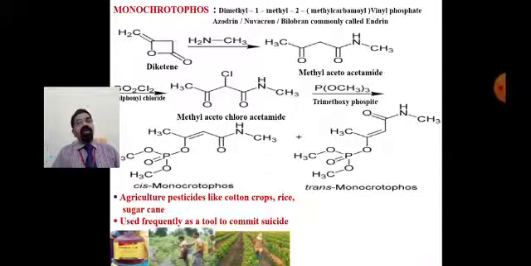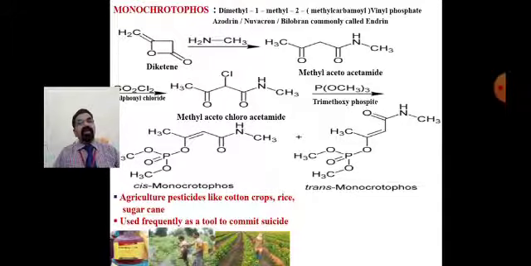Then what are the uses of Andrin? Mostly Andrin or monocrotophos is used as an agricultural pesticide on common crops like cotton, rice or sugarcane.